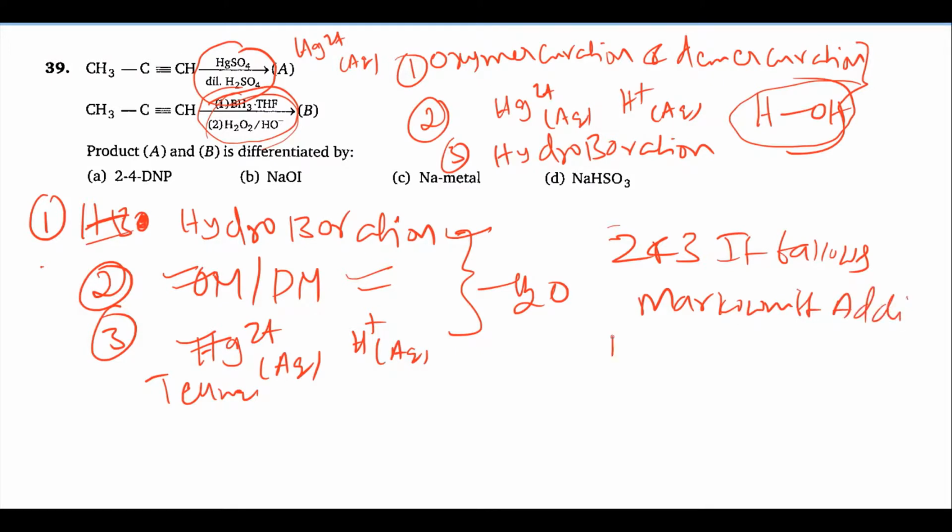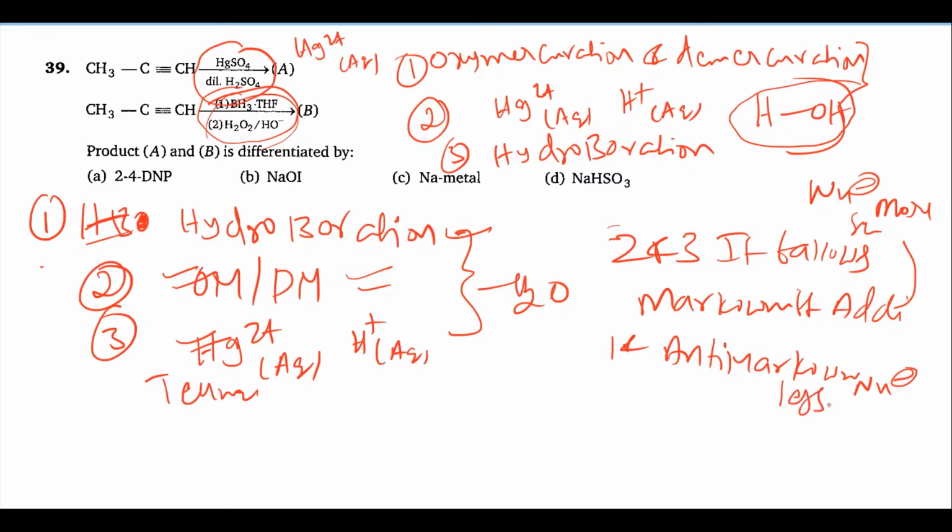The first one is anti-Markovnikov's addition. Markovnikov's means the nucleophile will attack the more stable carbocation side. Anti-Markovnikov's rule means the nucleophile will attack the less stable carbocation side. Now you can see here.